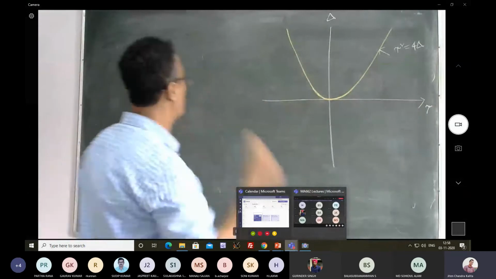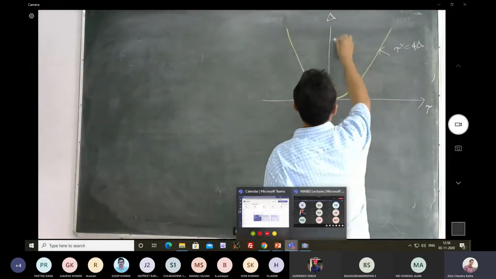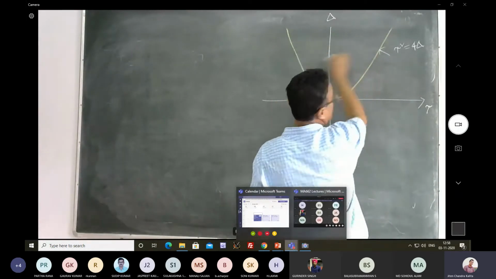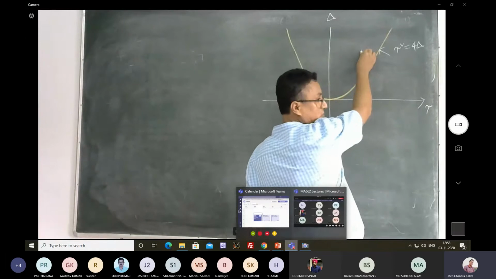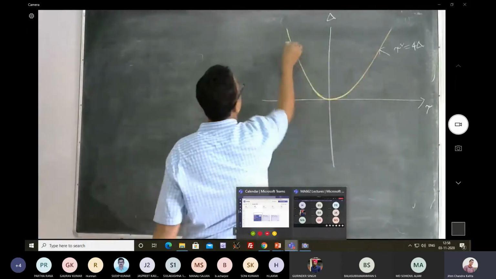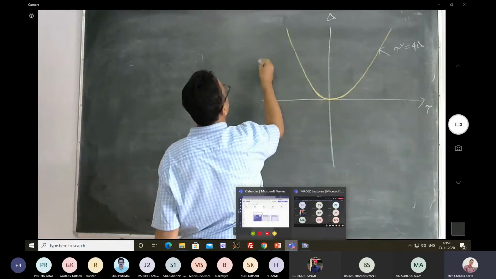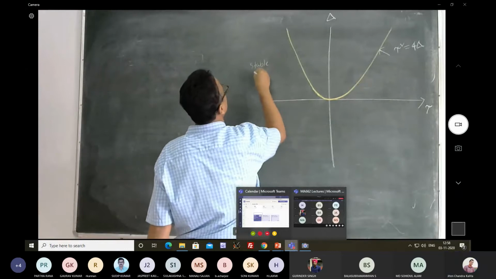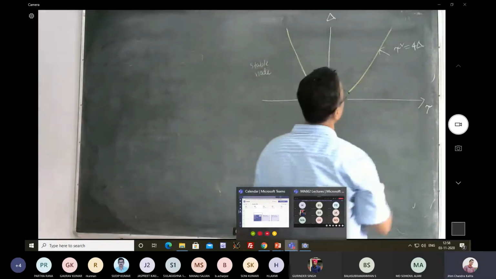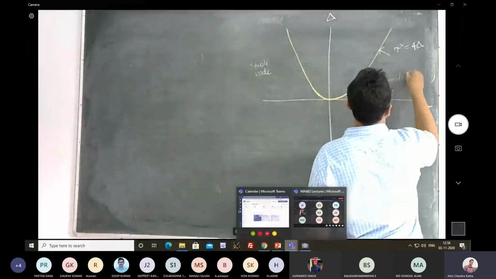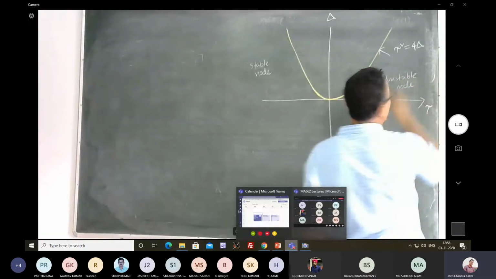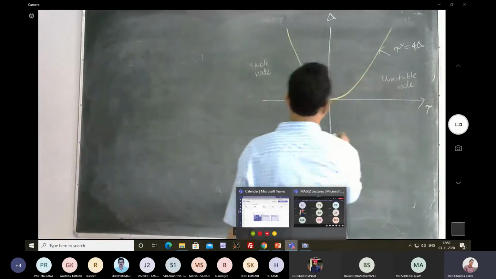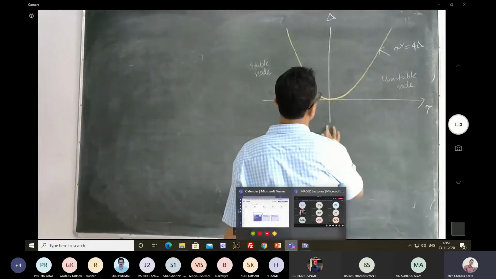As before, in this particular region we have complex roots. Beyond that, this part is a stable node, and this part is an unstable node. And somewhere here, I am going to have a saddle point.